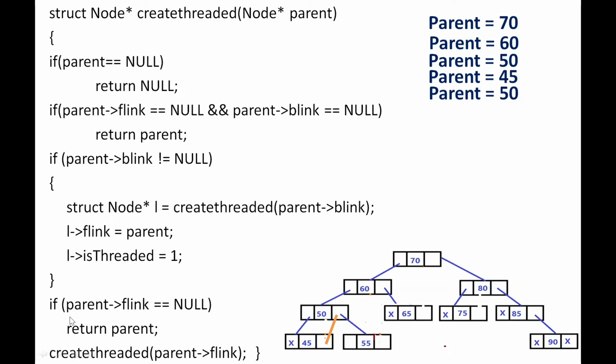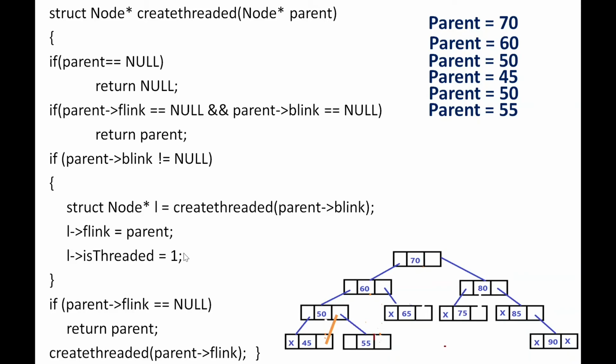It will come to the next if condition, if parent of f link equal to null. So parent of f link means f link of 50. F link of 50 is not equal to null, so it won't cause the return statement to be executed, and it will come to the final recursive call, create threaded parent of f link. So it will make a recursive call to parent 55.